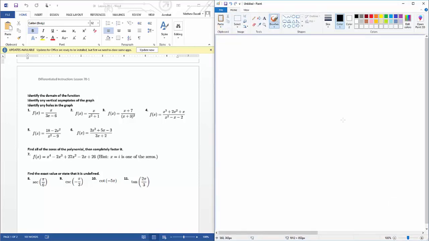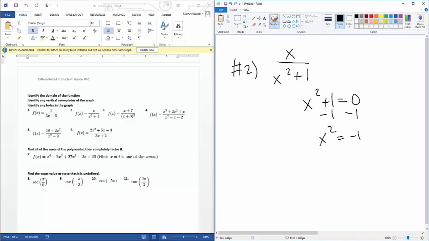On this next one here, number 2, you get x over x squared plus 1. So I check out the denominator. Now notice, because this is going to be negative, when I take the square root, that's going to give me imaginaries. So therefore, there are no real numbers that are going to give me undefined.